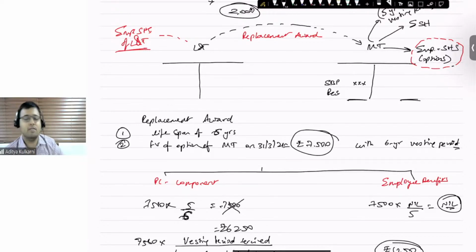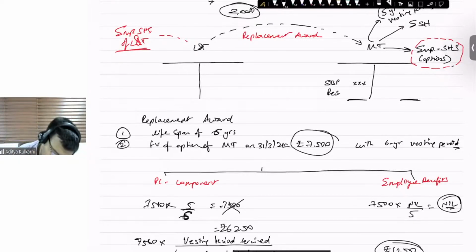So these are known as non-replacement awards, because Mindtree had an existing stock option plan prior to acquisition, and after acquisition the same awards continue, without getting replaced by Larsen and Toubro.